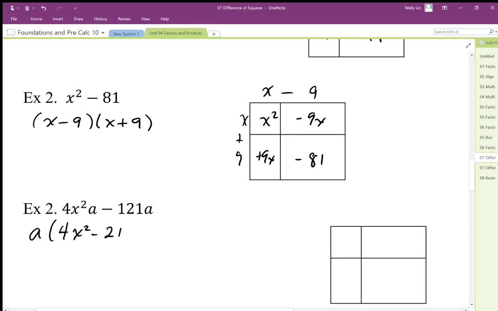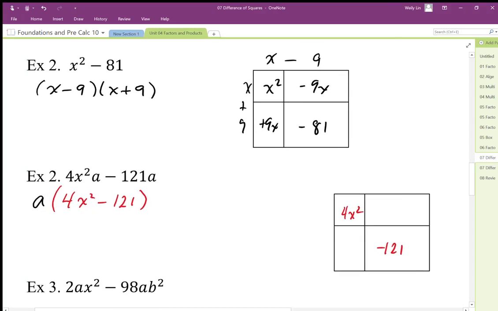Now that I factored out my a, what's left over here then is a difference of squares. I'm just going to maybe write that in a different color. Here is my difference of squares. I have a squared minus a square, so 4x squared minus 121. Okay, so we know that we have 2x long here, 2x long here.